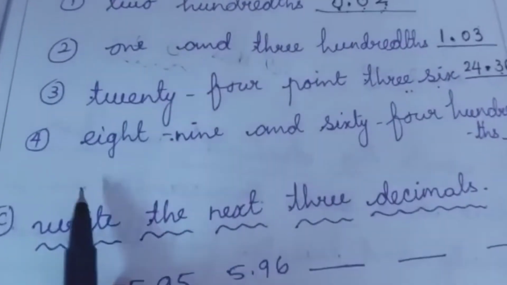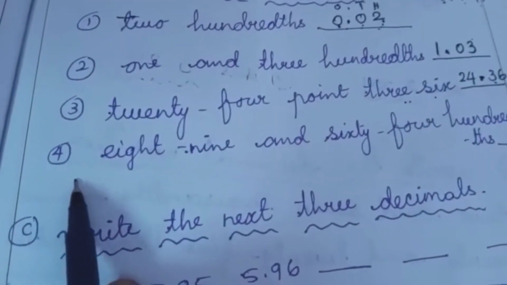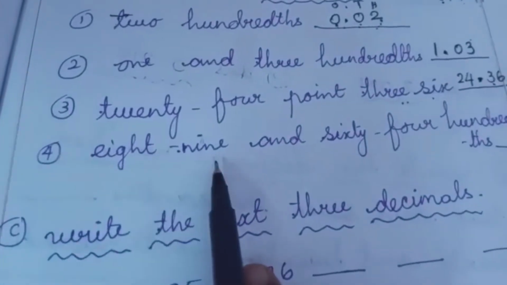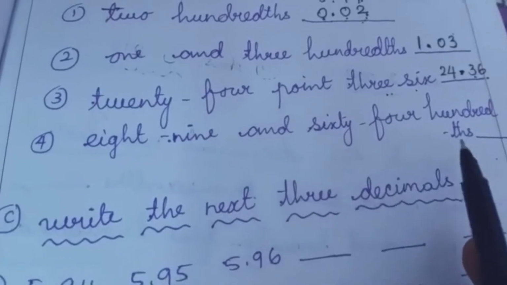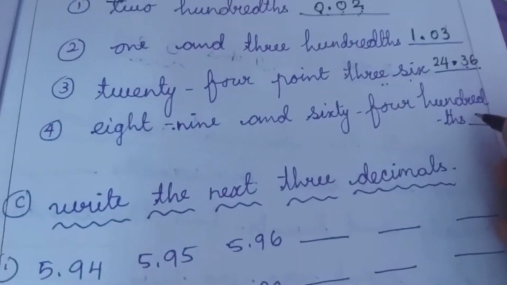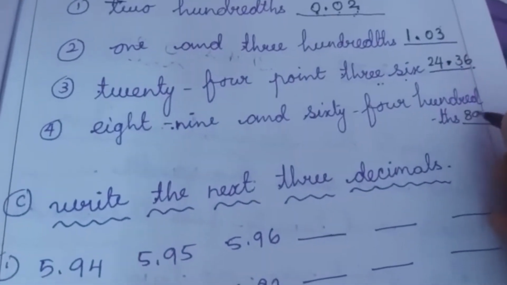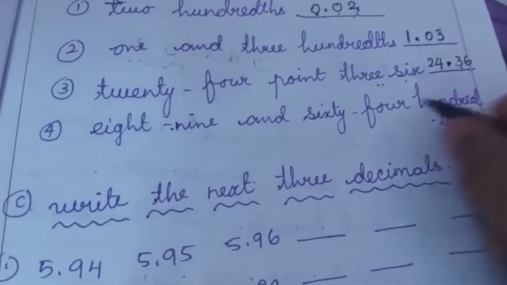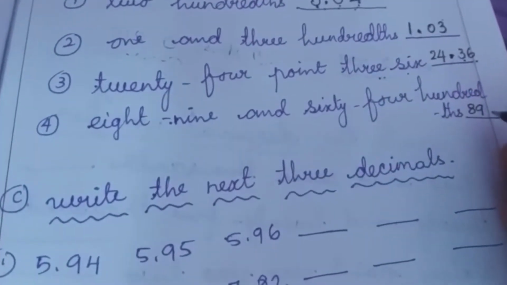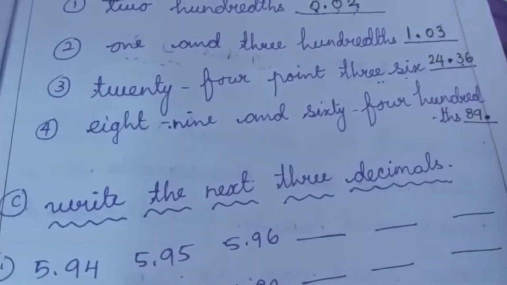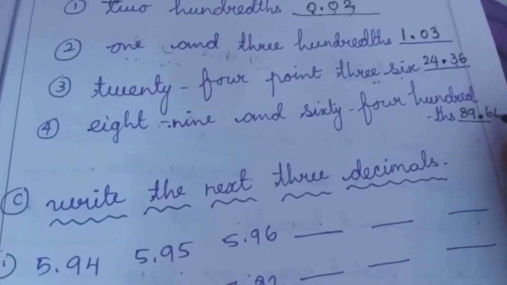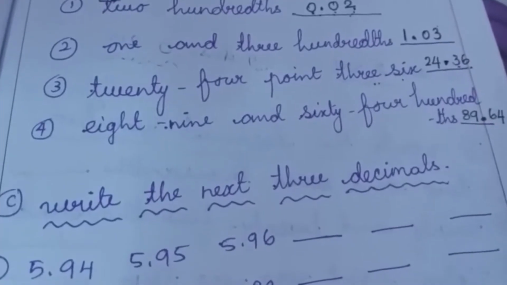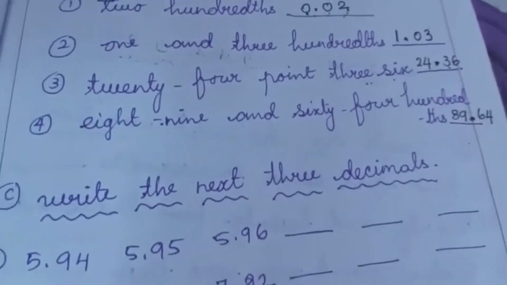Got it? The last question we'll read in section B. 8, 9 and 64 hundredths. How will we write this? 89. Got it? And then we have 'and' means point. Point 64 hundredths. This is the way we write the answers.